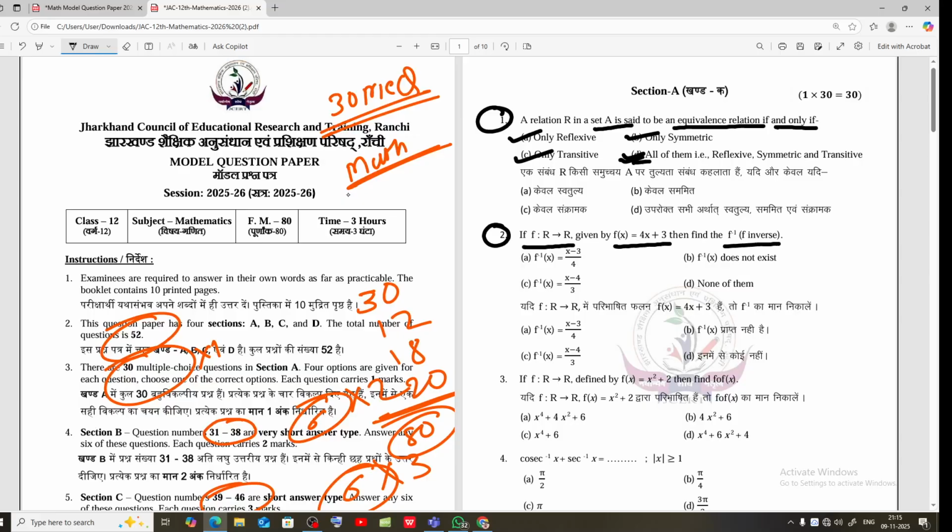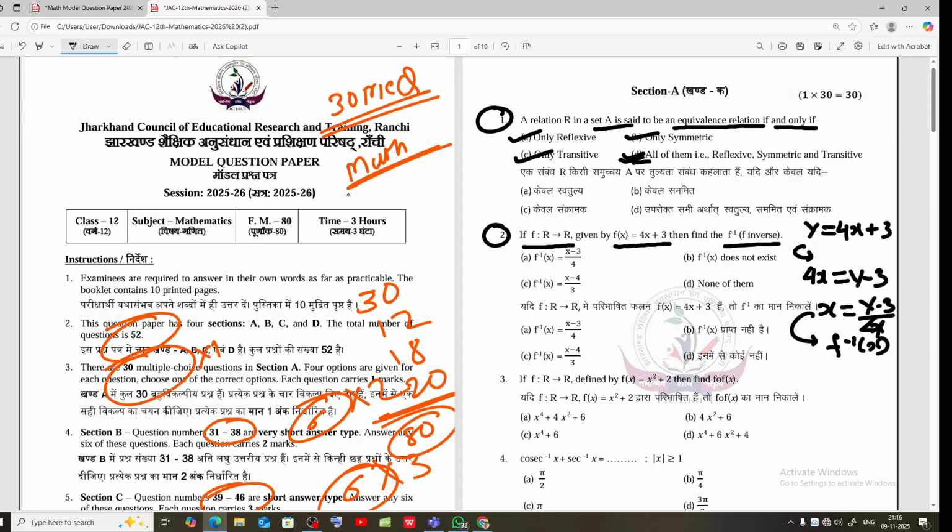First, write f(x) as y equals 4x plus 3. Now convert it into x in terms of y: 4x equals y minus 3, so x equals (y minus 3) divided by 4.